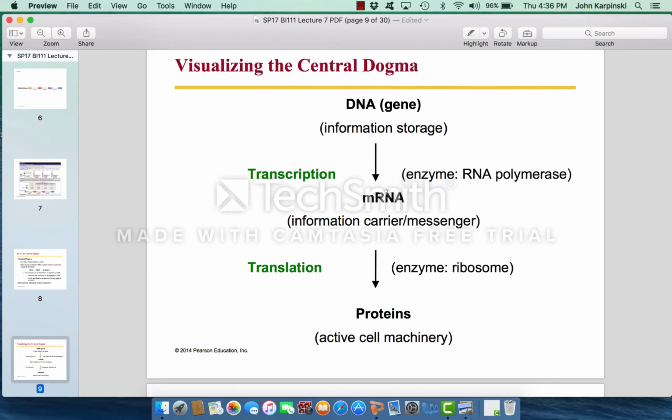But when you go from RNA to protein, translation, we know that translate means to change language. So if mRNA is written in English, then let's say the protein product would be in Spanish or some sort of other language.